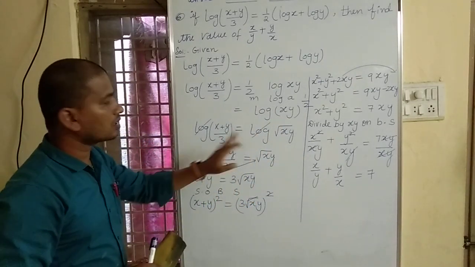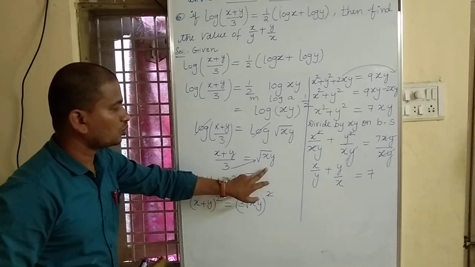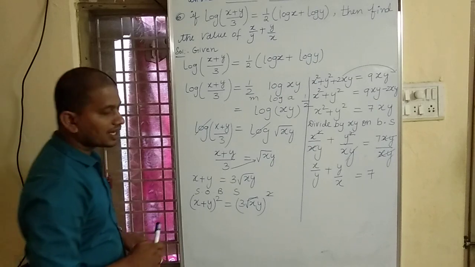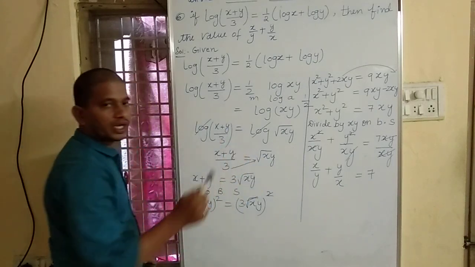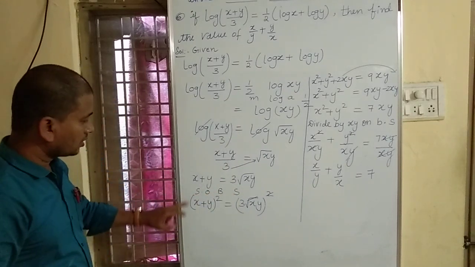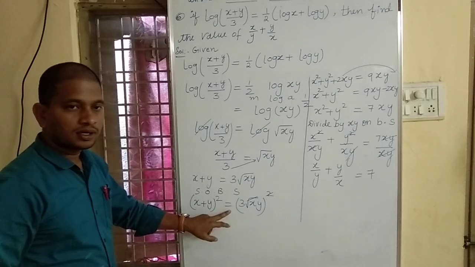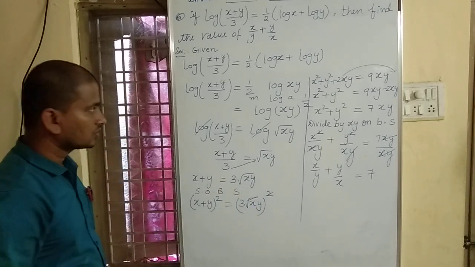Now the log gets cancelled: (x plus y) by 3 equal to root xy. Cross multiplication, x plus y equal to 3 into root xy. Squaring on both sides, (x plus y) whole square is equal to (3 root xy) whole square.